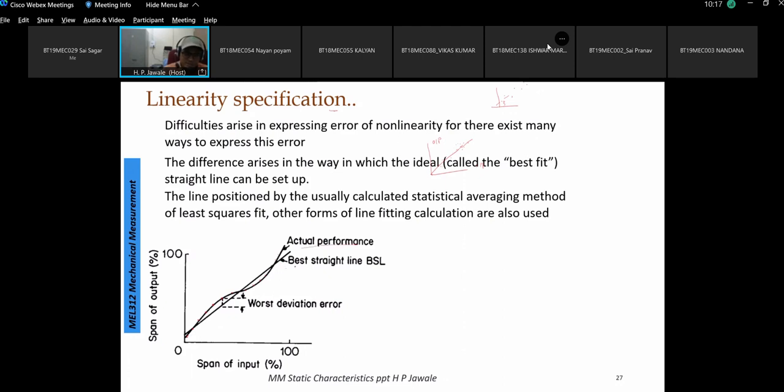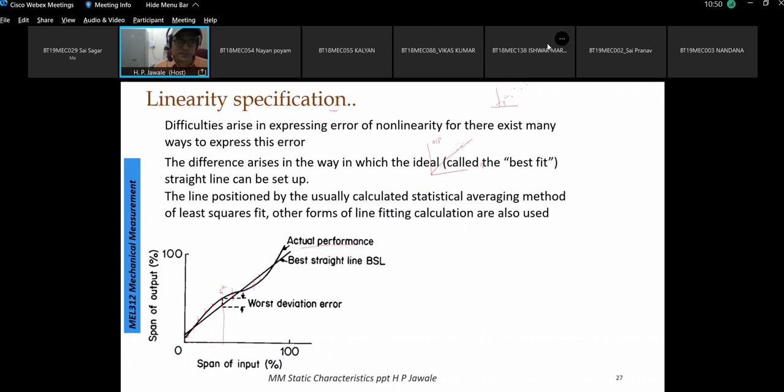So the best straight line is to be obtained depending on the different criteria, right? Based on the different criteria, we are going to obtain the desired straight line, and then we are going to find, for any given input, say input 1, 2, 3, 4, 5, this is 6, let us say the sixth input, the deviation from this standard line with respect to all the readings that you have taken.